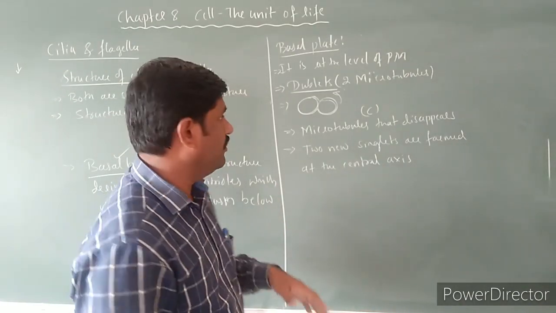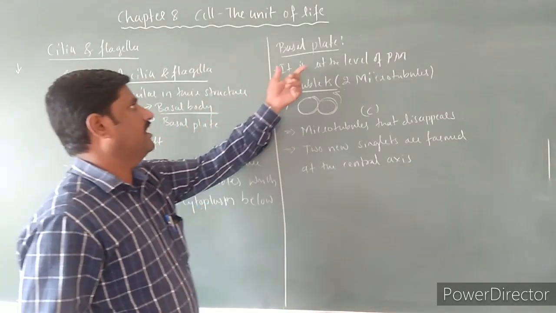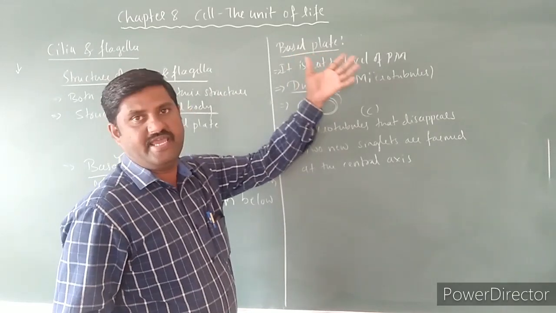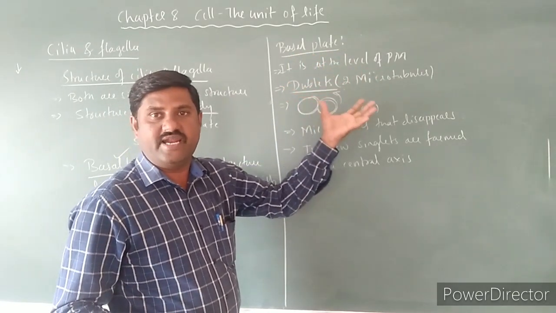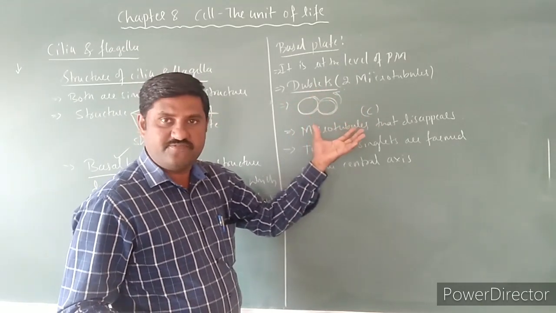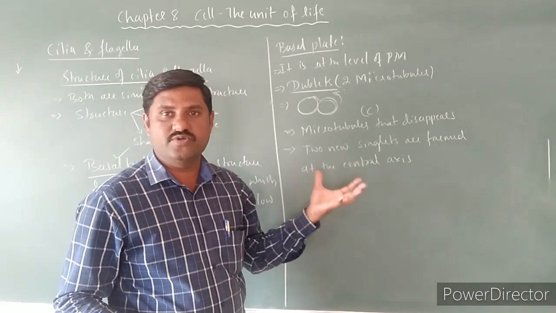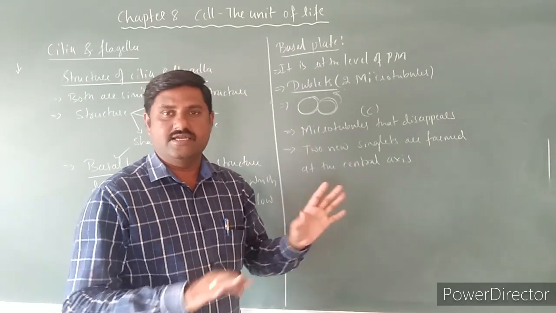So now we came to know there are two parts. One is the basal body, and the other is the basal plate, in which only the doublets are there. They are nine in number and are peripherally arranged, and the third microtubule, microtubule C, disappears.